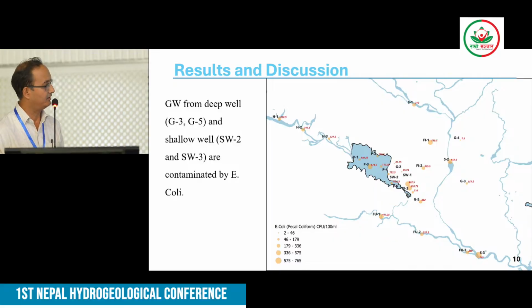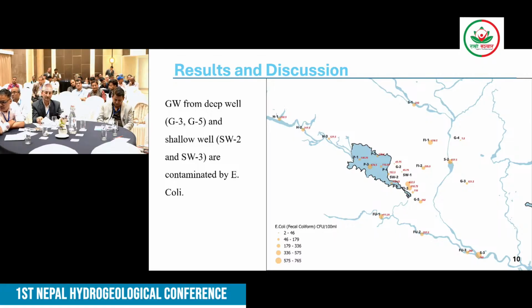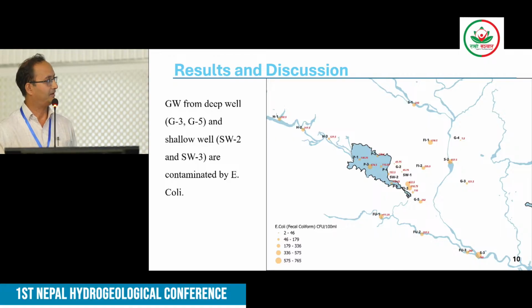You can see the concentration is very high for the river water, followed by the lake and the groundwater. So here the groundwater locations G3, G5, and the shallow waters are mainly contaminated with E. coli. So I'm highlighting the groundwater pollution from the microbial contamination.